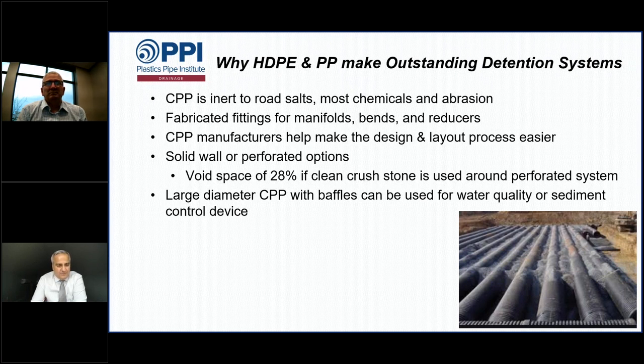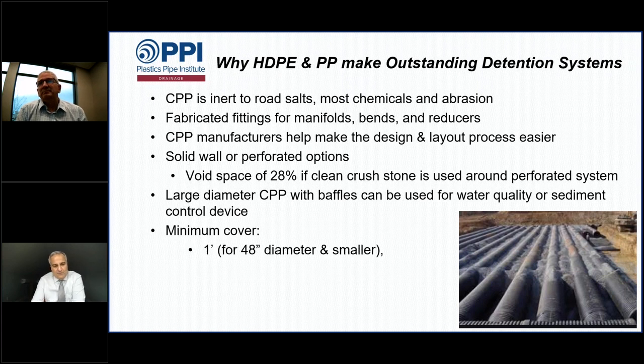That would be the purpose of a water quality device ahead of a detention system. Again, you're sending a lot of volume with a slow velocity, which means that over time, suspended solids are going to settle out. So having a central collection point would be ideal.